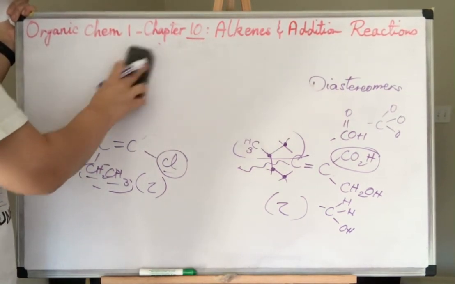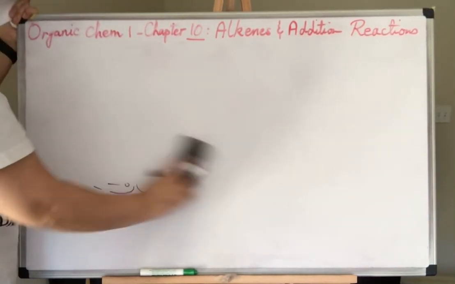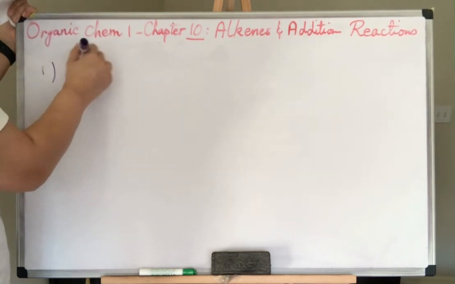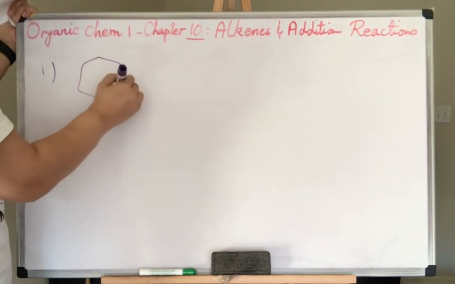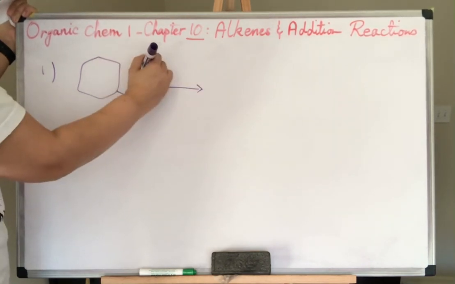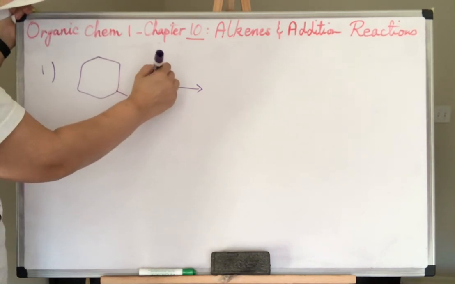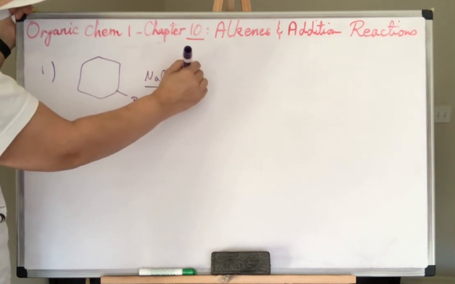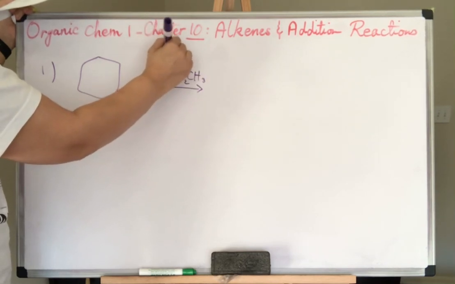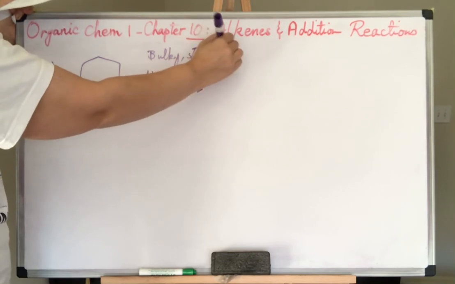Okay, that was a summary on naming the stereoisomers and working on nomenclature of alkenes. Preparation of alkenes, 3 main methods. One of them, you already know, is using alkyl halides in an elimination reaction. So NaOCH2CH3, a strong base, right?